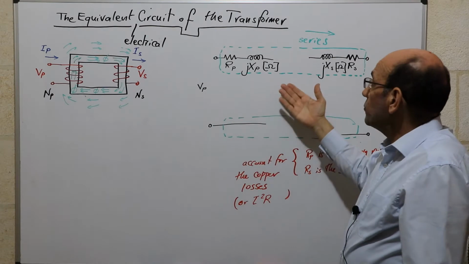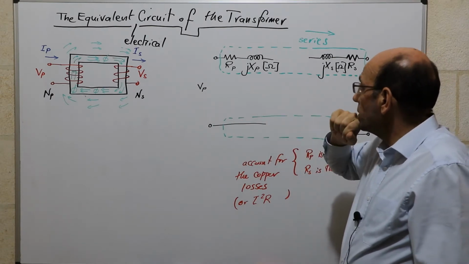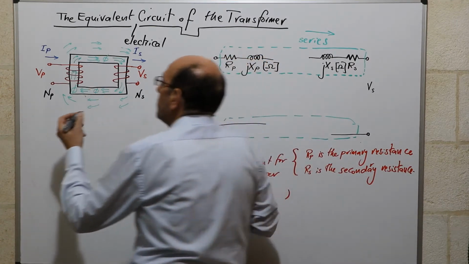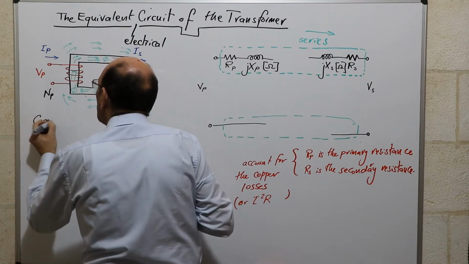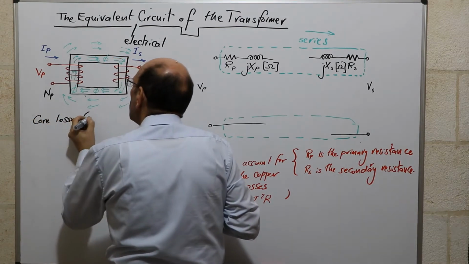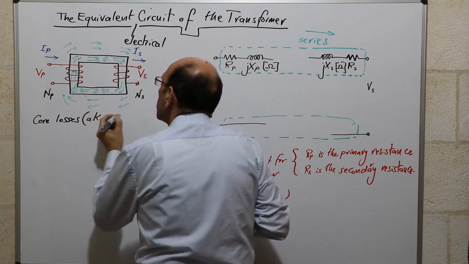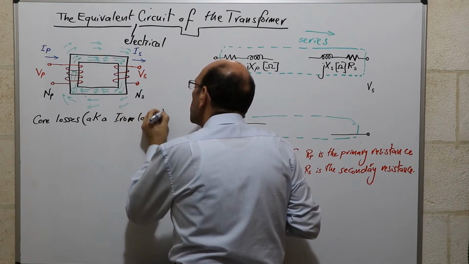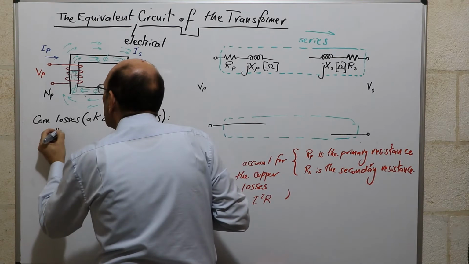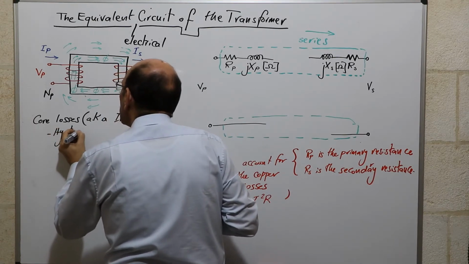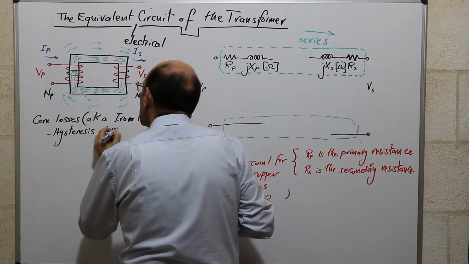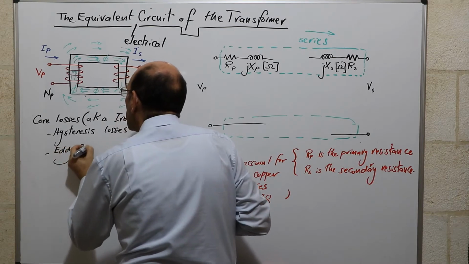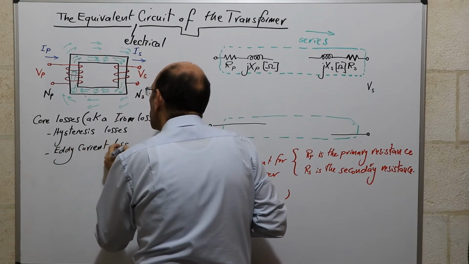The next step would be now to identify the other components. And if we look down here, we also have losses in the core. And the core losses are made up of two parts. So the core losses, also known as iron losses, are made up of hysteresis losses and eddy current losses.